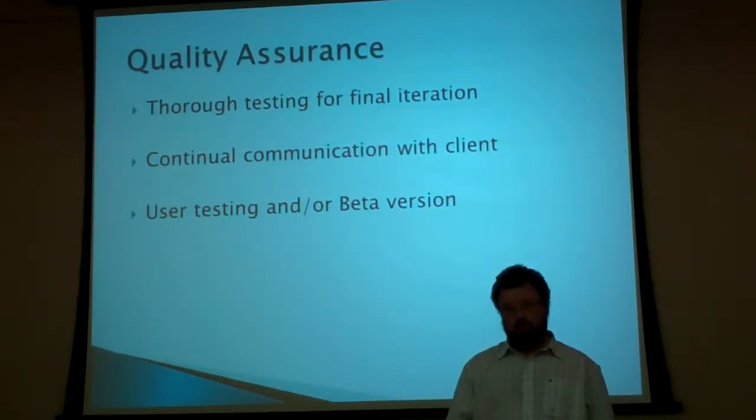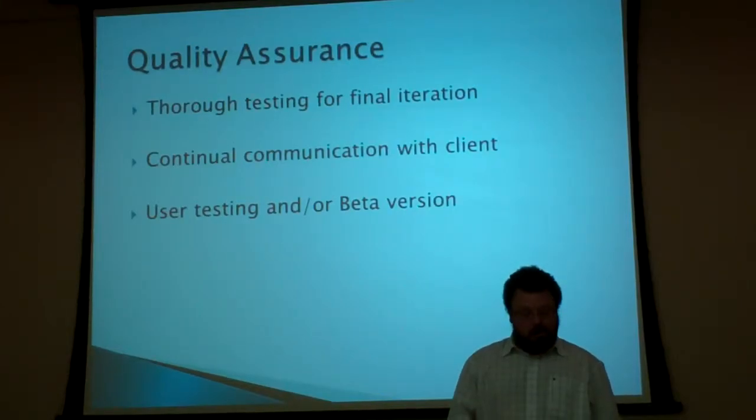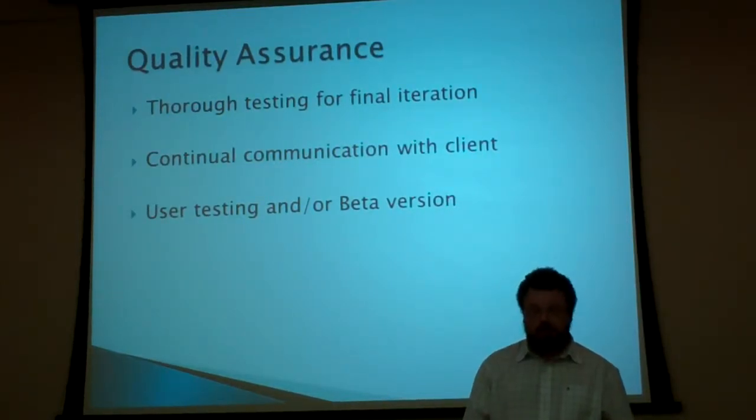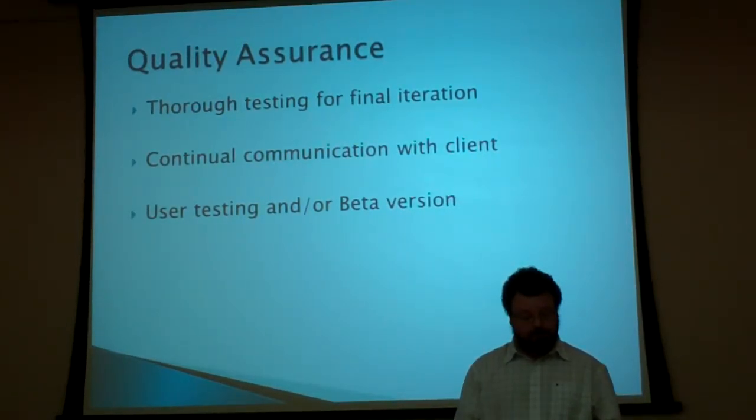We will do the bulk of testing, and continual meetings with the client throughout the project will be important to keep on the right track with them. As part of the final iteration, there will possibly be beta testing with a small group of users.